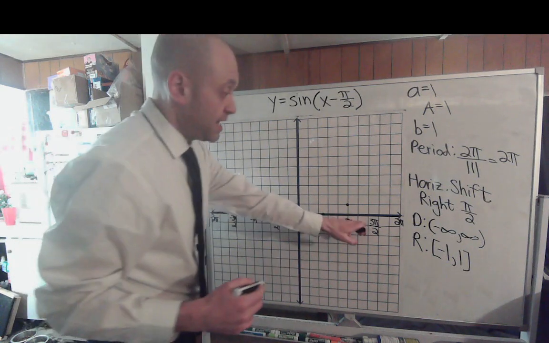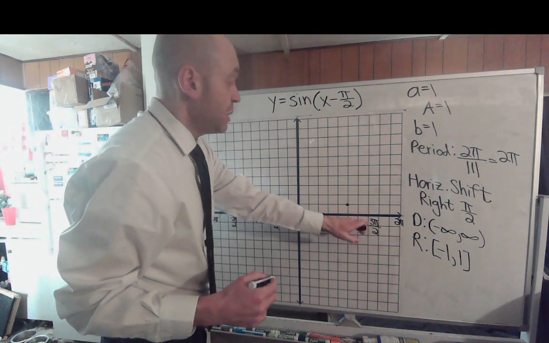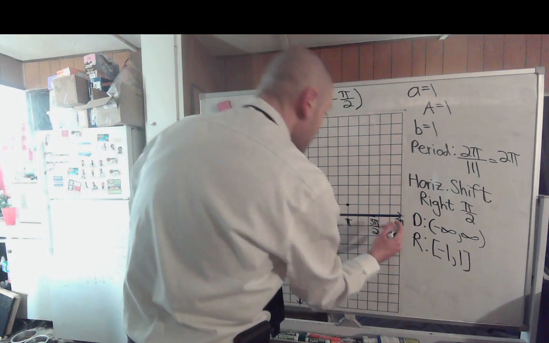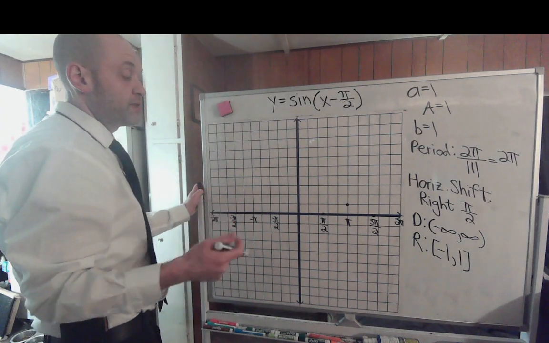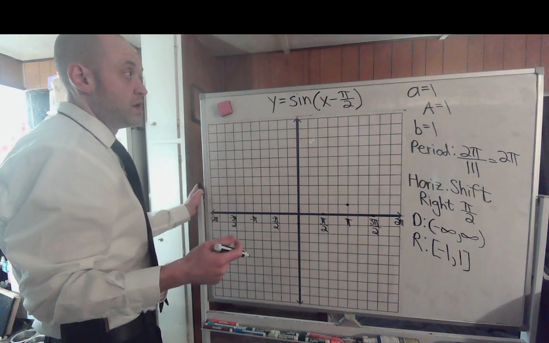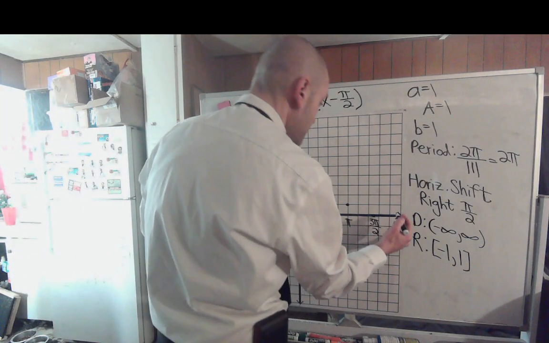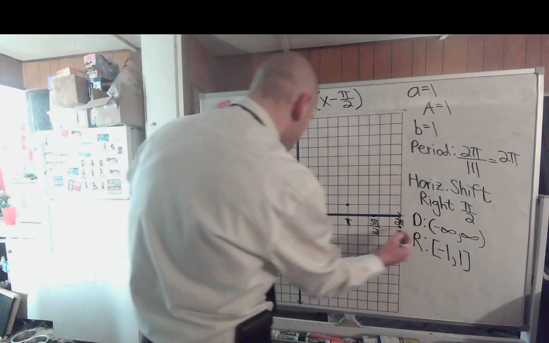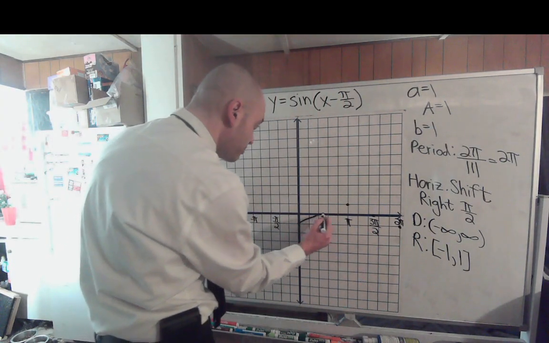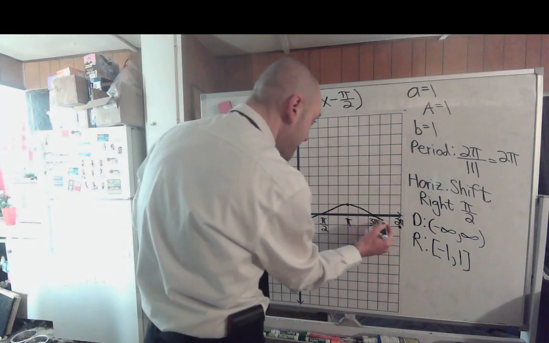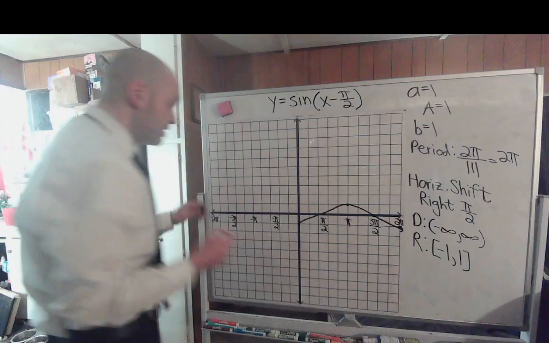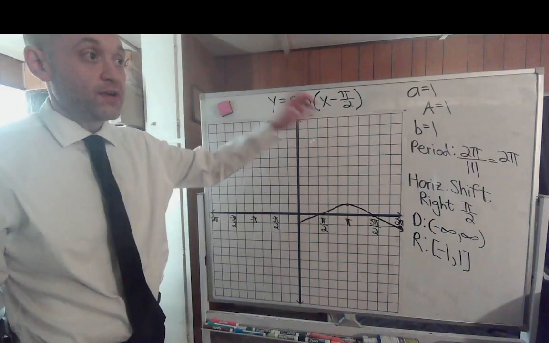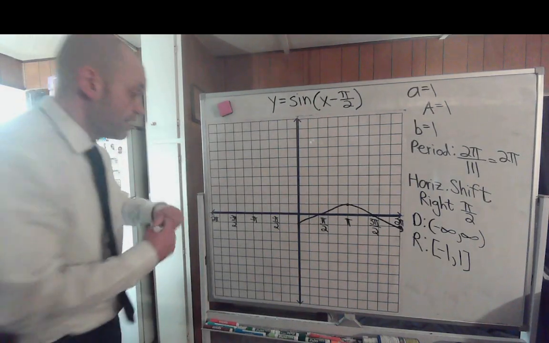Put in 3 pi over 2, that would be like the sine of pi, which is 0. Put in 2 pi, you would get the sine of 3 pi over 2, which would be negative 1. So now we can go ahead and graph this right branch. And then let's go to the left. If I take negative pi over 2 and put that in for x, that'd be like the sine of negative pi, which would be 0.